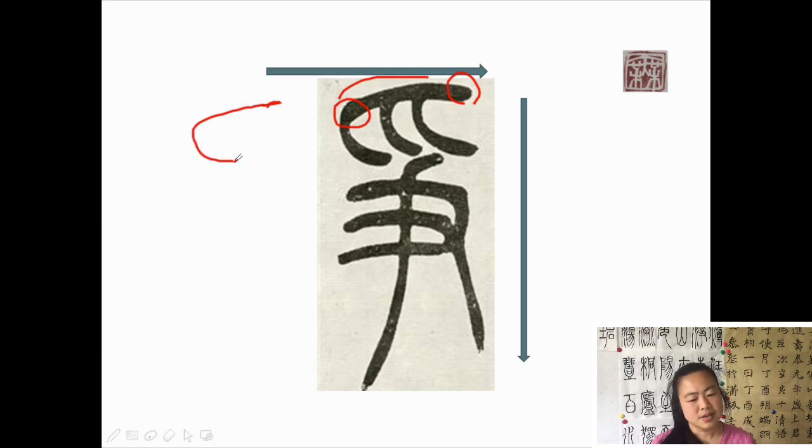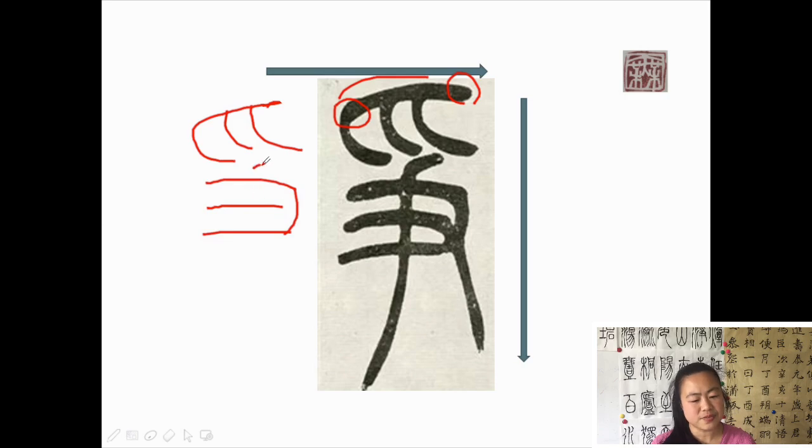Okay, here. So we need to stop a little bit here. And then like this, and like this. Okay, and here and here again and again.